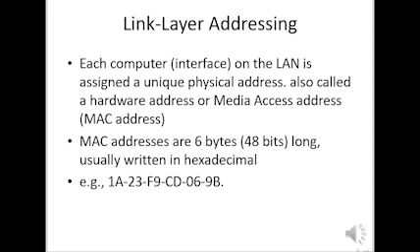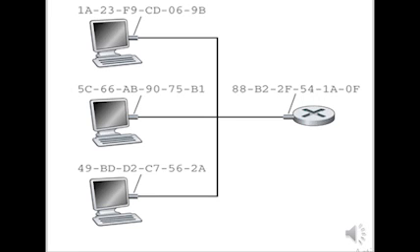A MAC address is a 6-byte, or 48-bit, address, usually written in hexadecimal. For example, 1A-23-CD-06-9B. This is a simple architecture for the MAC address. We have several systems, and each system has a unique MAC address to control the router.